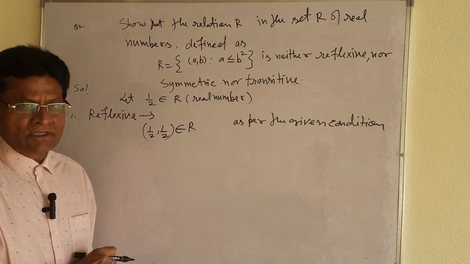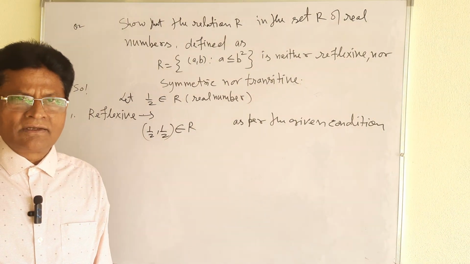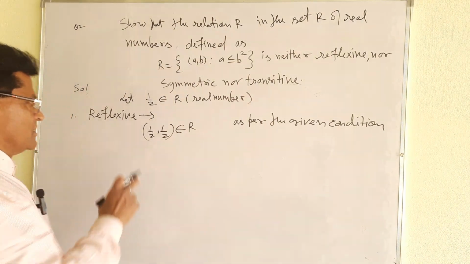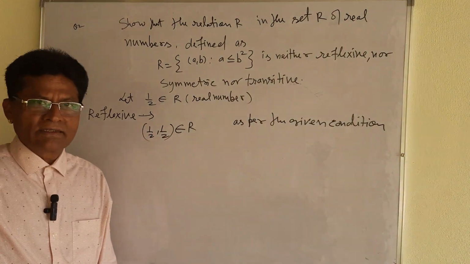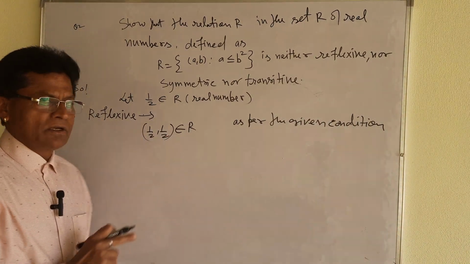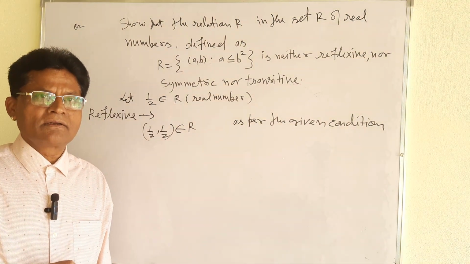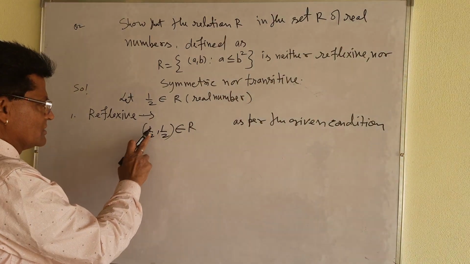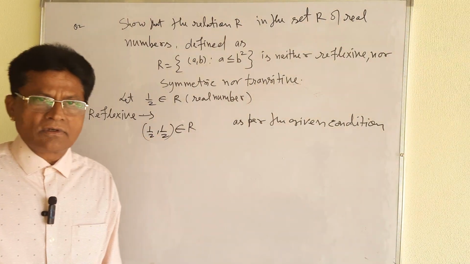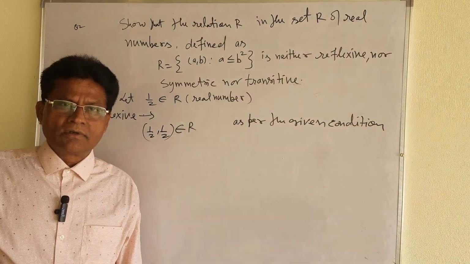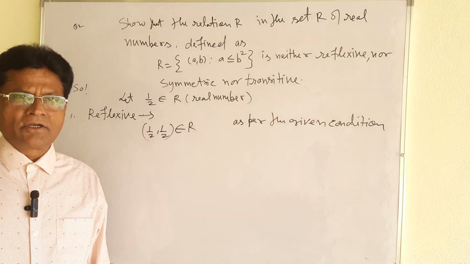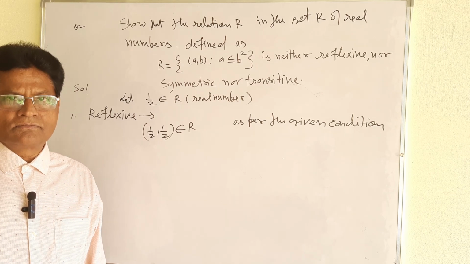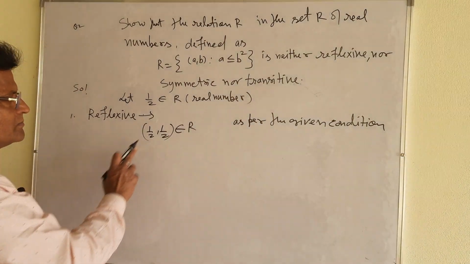Is it true? 1 by 2 means 0.5, and 1 by 4 means 0.25. Once again, 1 by 2 means 0.5.